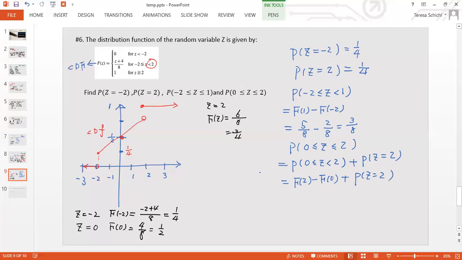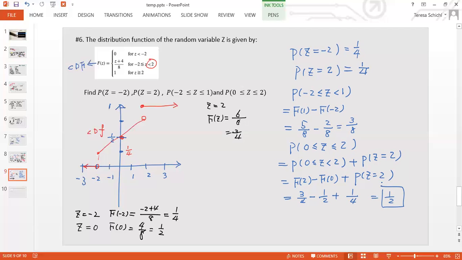F of 2 here, we did, is 3/4, minus F of 0. F of 0 is 1/4. And plus the probability of z equal to 2, which is 1/4. So what is the answer? 1/2.